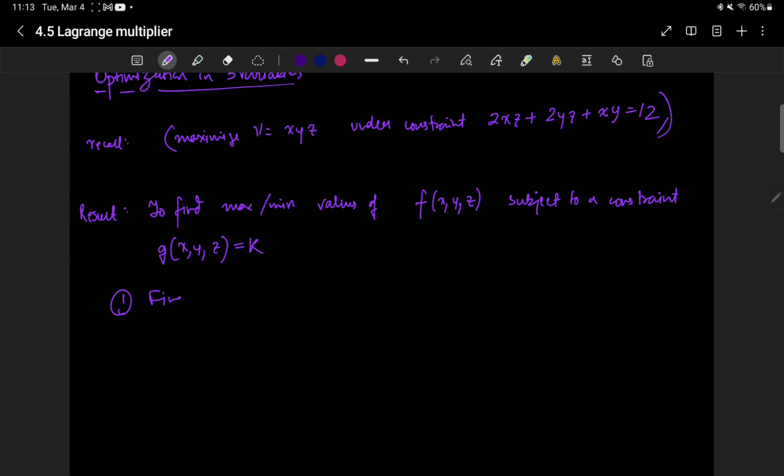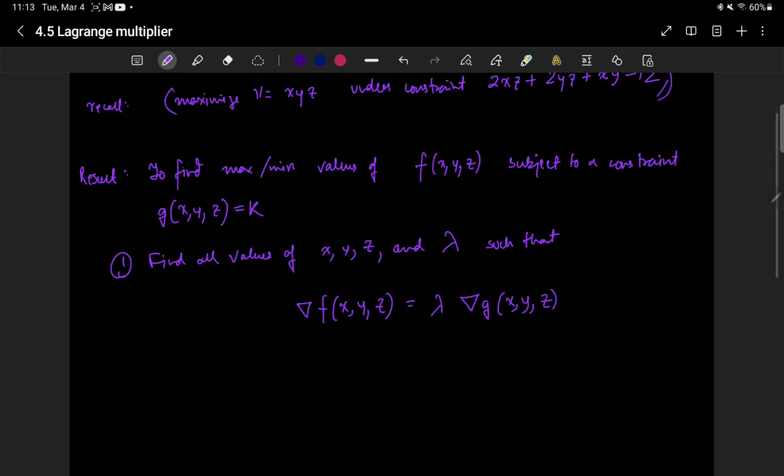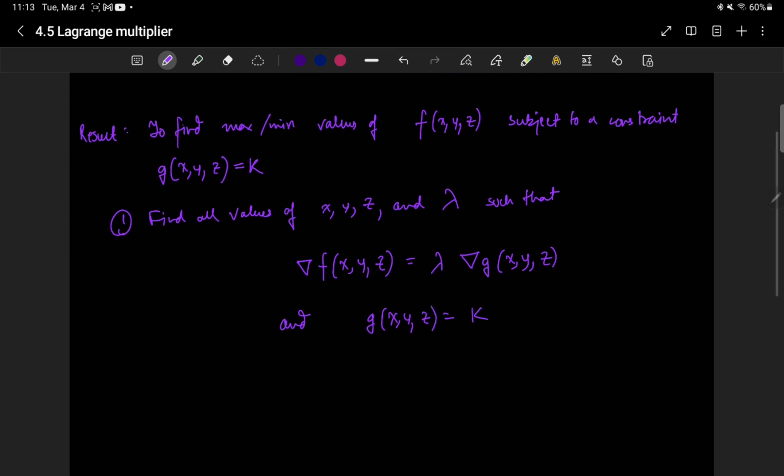First, we're going to find all values of x, y, z and a constant lambda such that the gradient of the target function is a scalar multiple of the gradient of the constraint function, and the constraint function, of course, is equal to some k, which means it's a level curve of that.